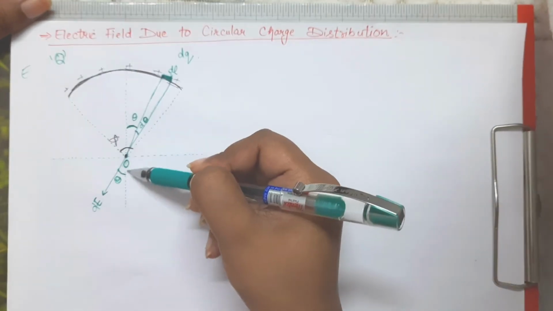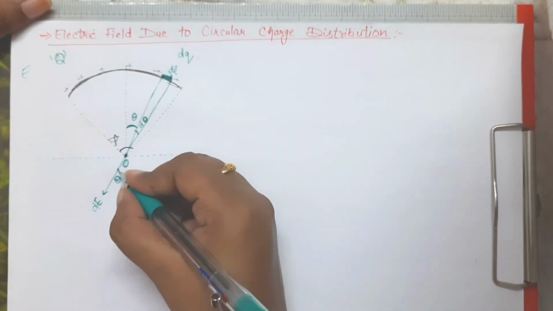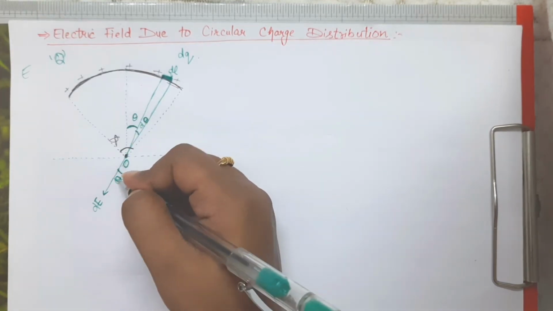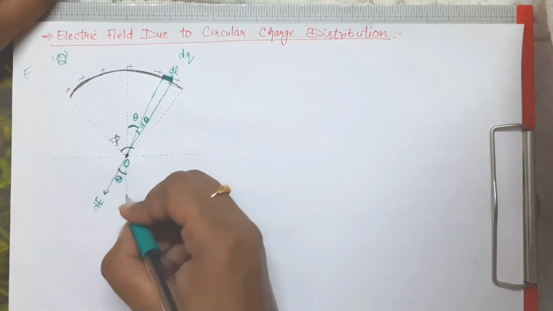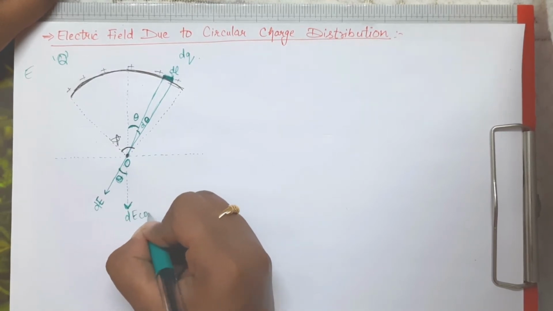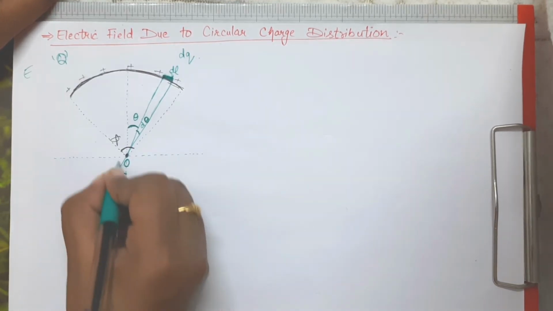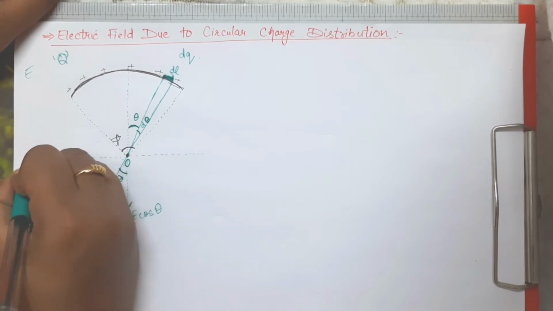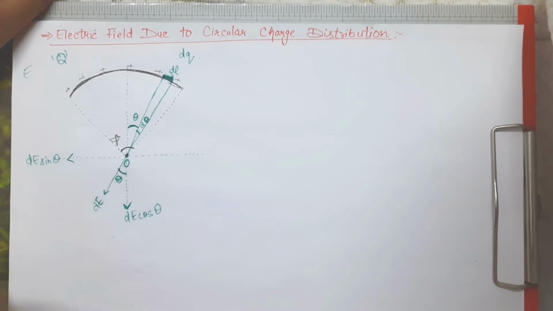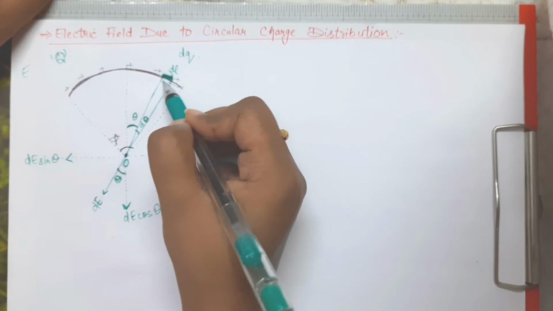These two lines are intersecting each other, so these two angles will be the same. This is dE. So here the component dE cos theta will be there. In the direction of theta it will be dE cos theta, and at 90 degrees it will be dE sin theta. This is due to the charge dq present in small length dl.